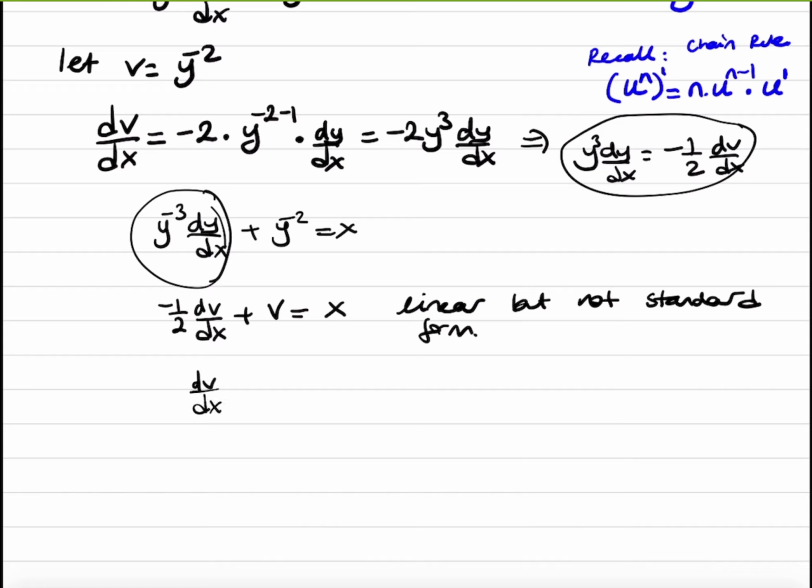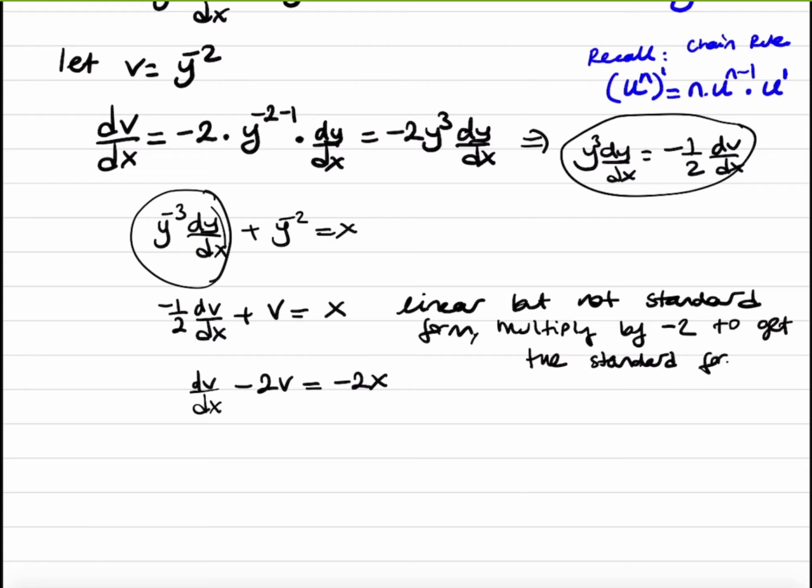So dv over dx minus 2v is equal to minus 2x. Multiply by minus 2 to get the standard form. So in the standard form, this coefficient is always equal to 1.